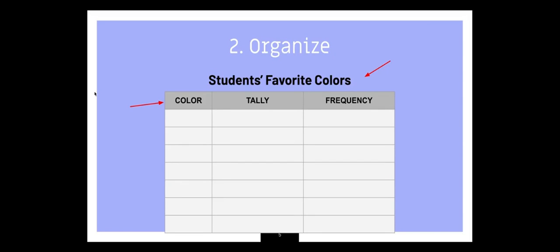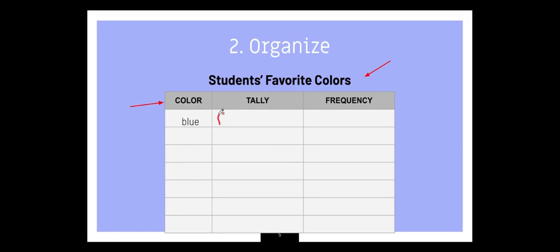So now that our frequency table is created, I'm going to go through all of the responses. And as a new color is chosen, I'm going to add it to the chart and give it a tally mark. So as I go through, I'm going to see that the first color chosen was blue.